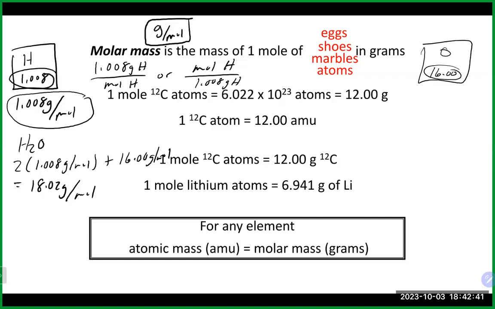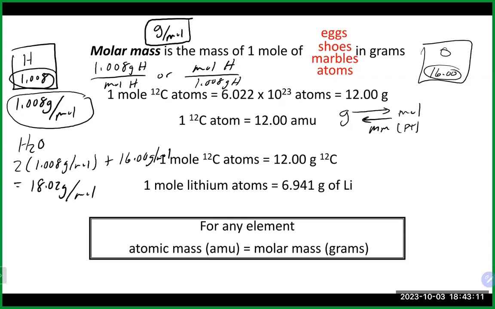It's pretty much the major one, probably more so than even Avogadro's number. Avogadro's number pops up occasionally, but not a lot, but molar mass pops up a lot in chemistry. And it is your basic conversion factor to go from grams to moles or backwards. So that is your molar mass, and that's where we get it from, the periodic table. Any questions on that?